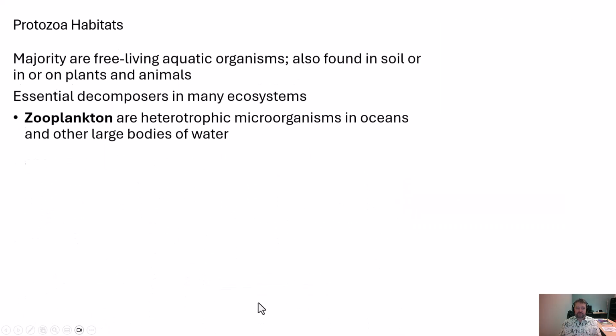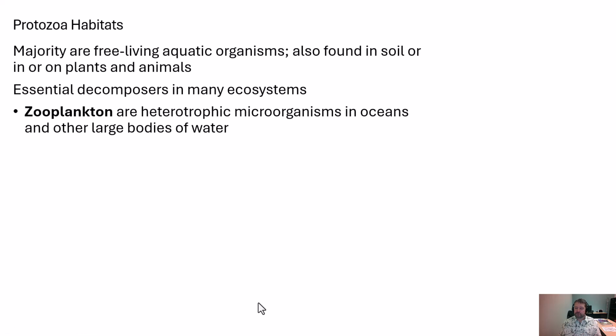So the habitats that they tend to live in, most of them are aquatic, but we can also find large numbers of amoeboids or amoebas in soil. And then often we concentrate on things that might occur in plants and animals that might be parasitic, and we'll talk about those in future lectures.